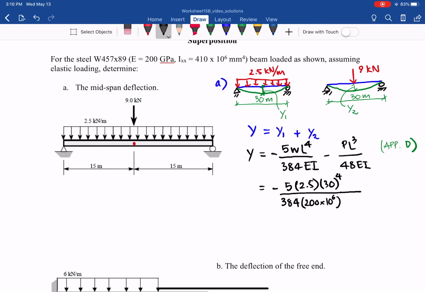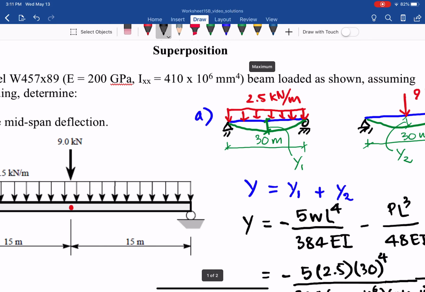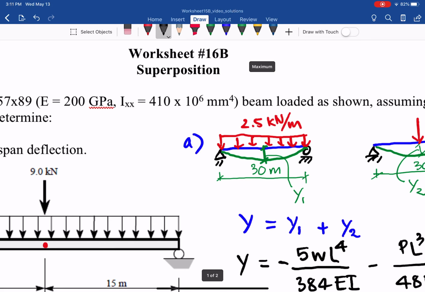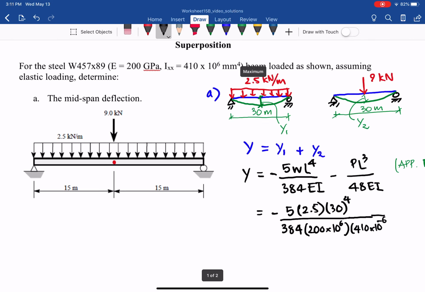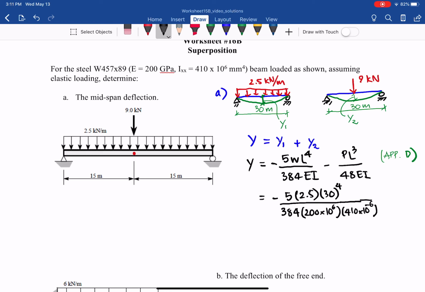And then I, 410 times 10^-6 to change from millimeter to meter to the power 4, from the I-axis there.